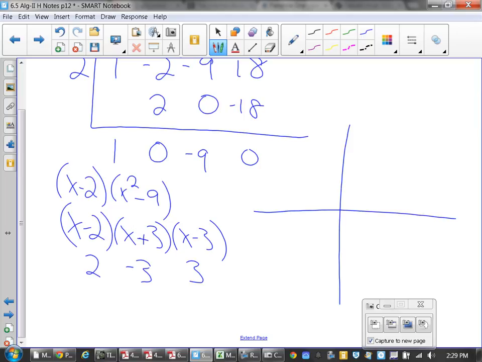If you have zeros, where is it crossing the x-axis? 2, 3, and we know that it's a cubic function with end behavior going like this. So we know it's got to look like this. It's the same basic stuff we've been working on. We're just leading into that more and more.